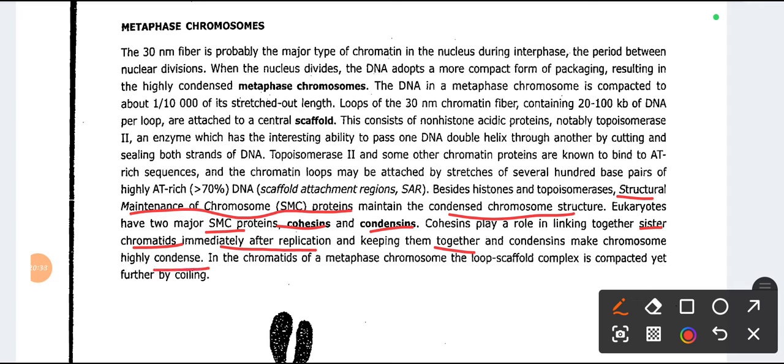In the chromatids of the metaphase chromosome, the loop scaffold complex is compacted yet further by coiling.